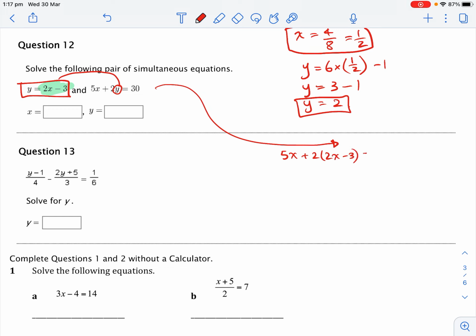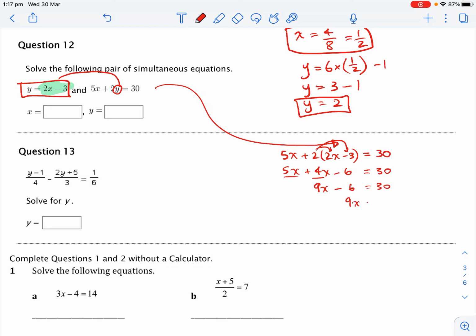And that's where I need the brackets. So I keep the brackets there to show what I replace the y with. Now I expand my brackets. And don't forget to go 2 times 2x and 2 times minus 3, which is minus 6. Collect your like terms. 5x and 4x is 9x.